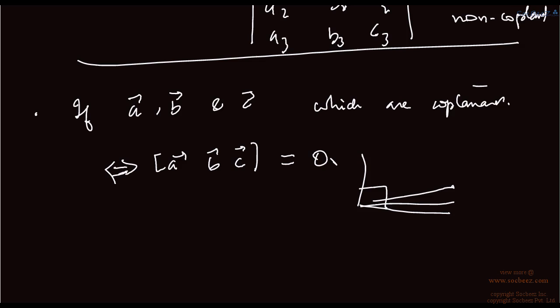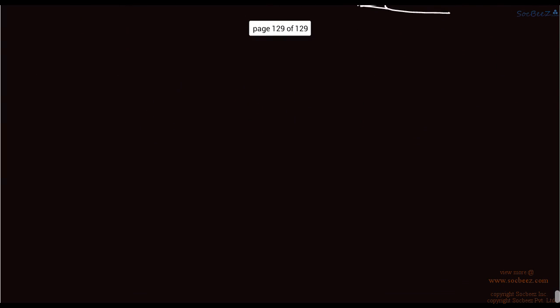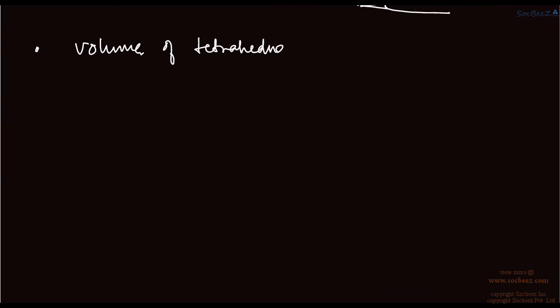So the dot product will be 0, because theta is 90 and cos theta will be 0. So that will make this expression 0. Now the next point about vectors is the volume of tetrahedron OABC, with O as the origin.